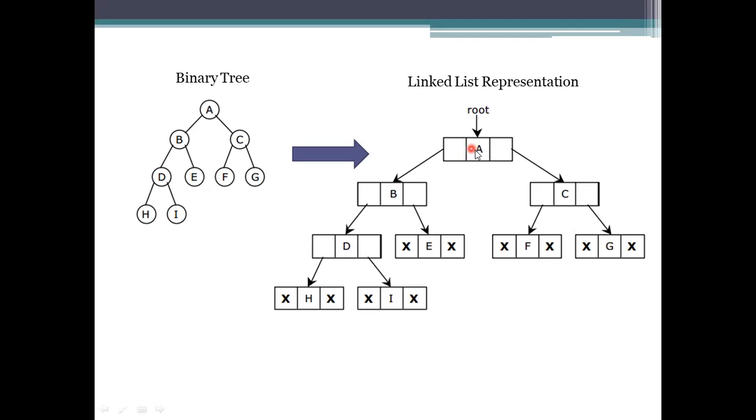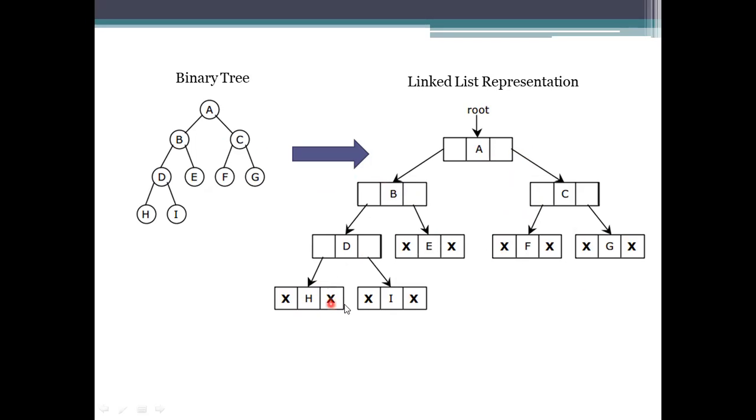A has 2 children, B and C, the left child and the right child. B has another 2 children, D and E. D has another 2 children, H and I. If both are marked with X, it is considered a leaf node.